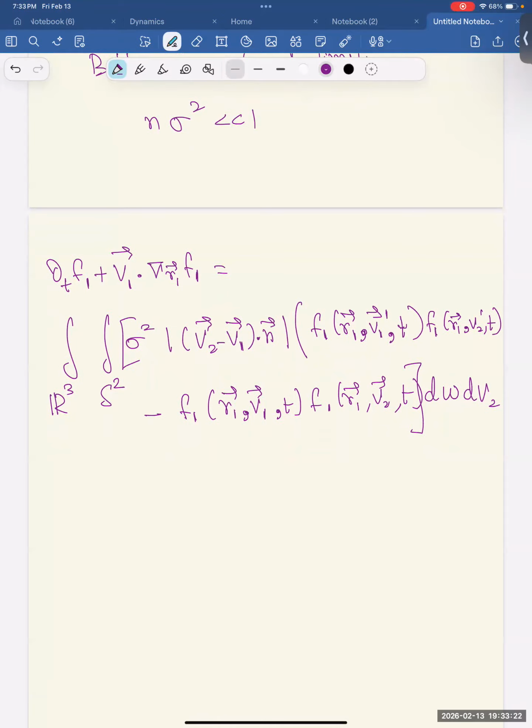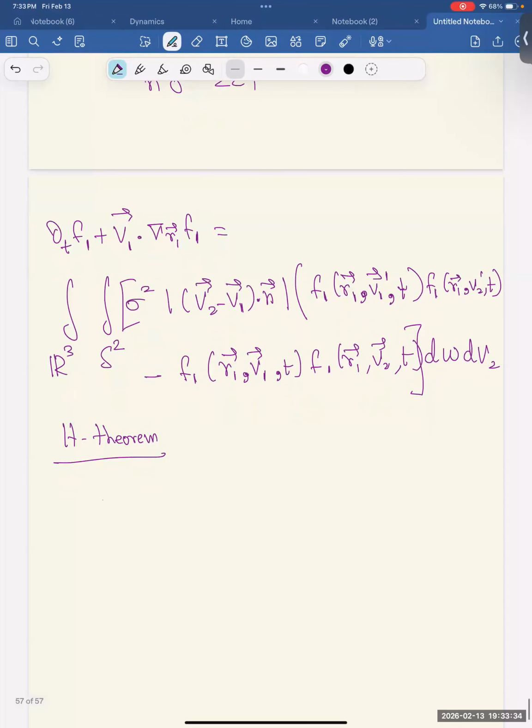Now, you can show that there is something called the H theorem, which shows, first let's define H. H can be defined in this form: minus integral F1 log F1, over, I'm just going to call it dV, which is a 6n dimensional space, because that is the space over which F1 is defined.